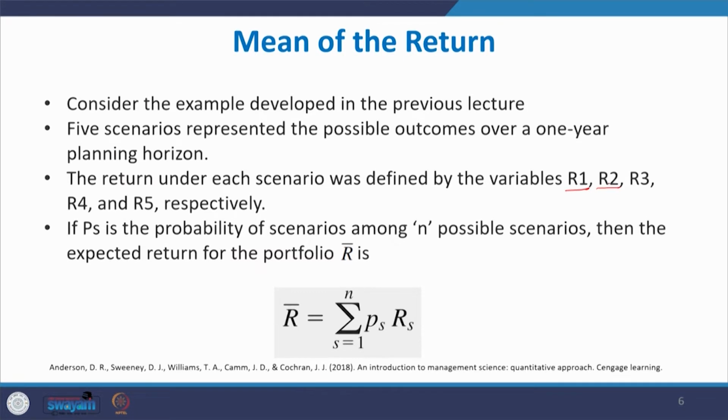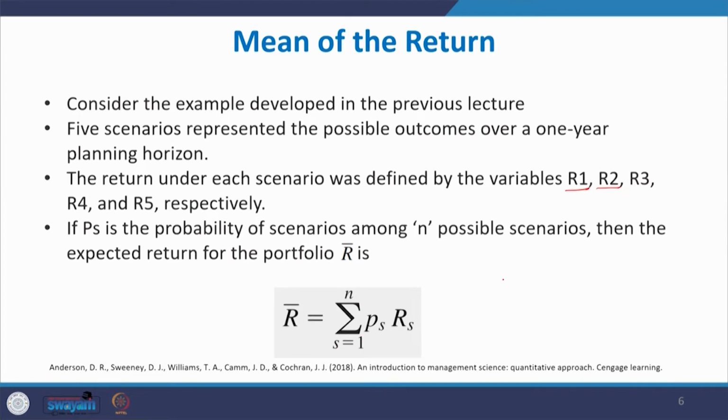If P_s is the probability of scenario s among n possible scenarios, then the expected return for the portfolio, R bar, is the sum of P_s multiplied by R_s, with s equal to 1 to n.